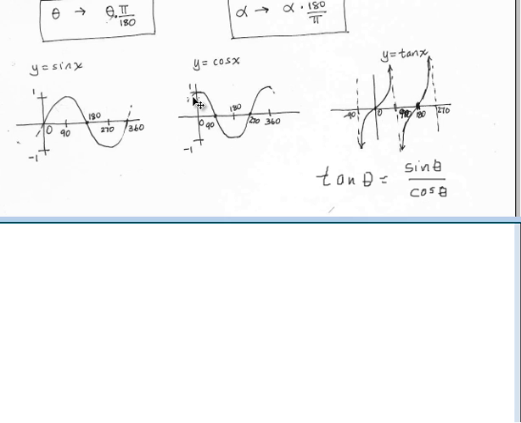That happens at 90 degrees. Here, 90 degrees, vertical asymptote; 270 degrees, vertical asymptote; and this continues down at -90 degrees, also a vertical asymptote. So that's why tangent has these vertical asymptotes. Tangent is also periodic, it repeats itself, and the period is not 360, the period is 180. You see, from -90 to 90, that's a length of 180.